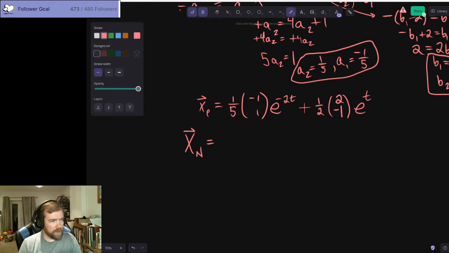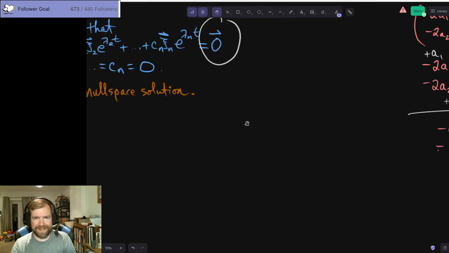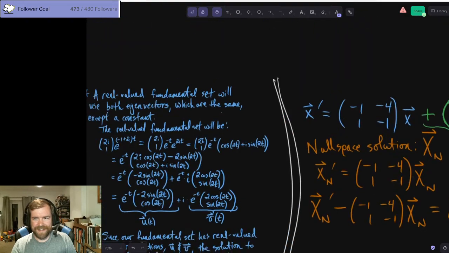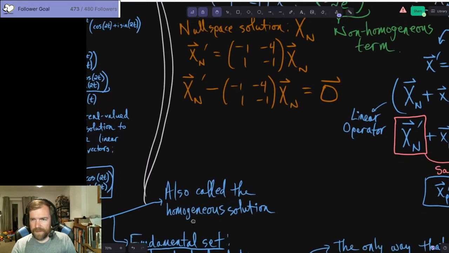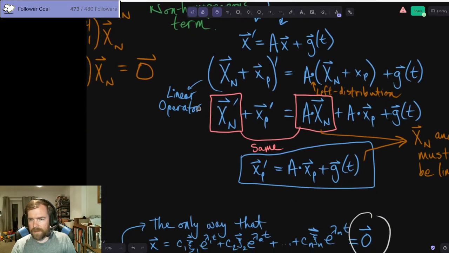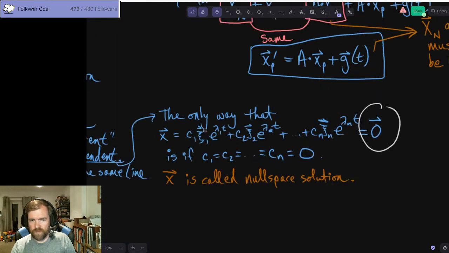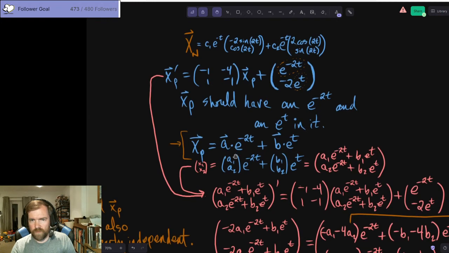So again, we have our null space solution, which was C1. Let's just copy it somewhere else. Oh, just up top.